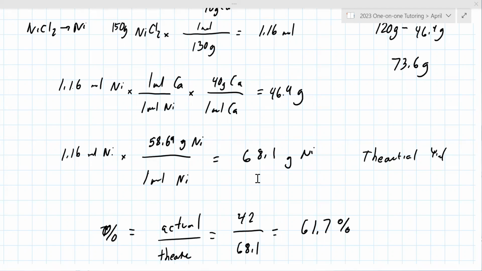Like you said, nickel's 58.69, 1.16 times 58.69. That seems about right. Yeah, I don't know what's up with the answer key. 68.1-ish, and then maybe the 67.9 is supposed to be the 68.1 because it's pretty similar. Yeah, that's true. Like very, like 1 point off.